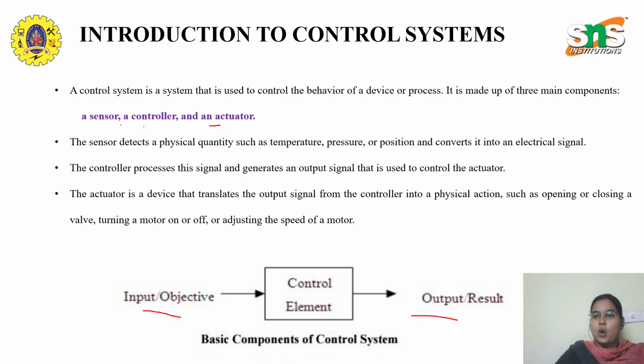It is an output, right? So, an actuator is a device that translates the output signal from the controller into a physical action, which may be on or off, opening or closing, or turning the speed of a fan, etc. So, the three basic components of a control system are the sensor, controller, and actuator, which are nothing but input, plant, and output.